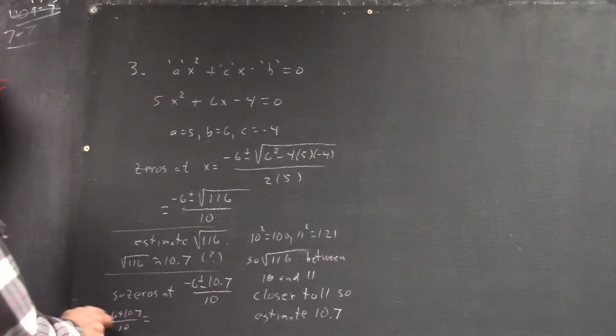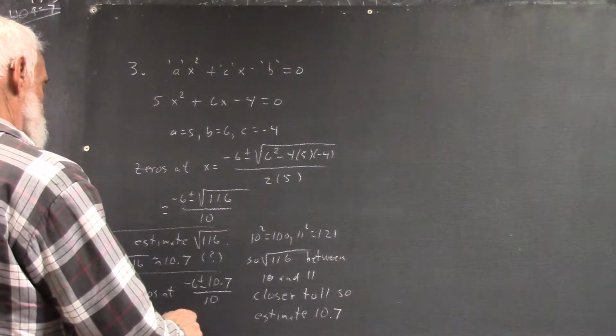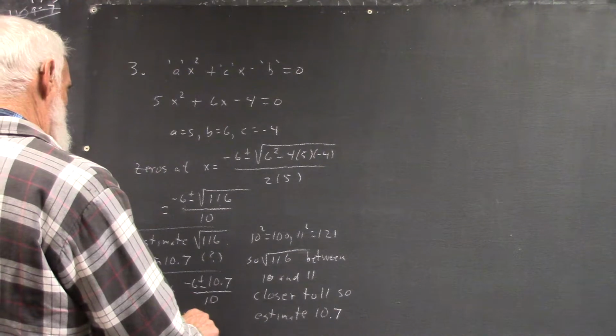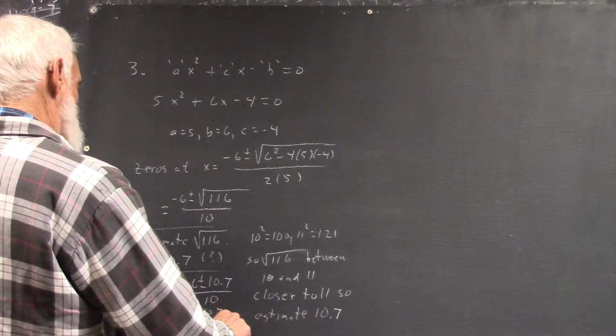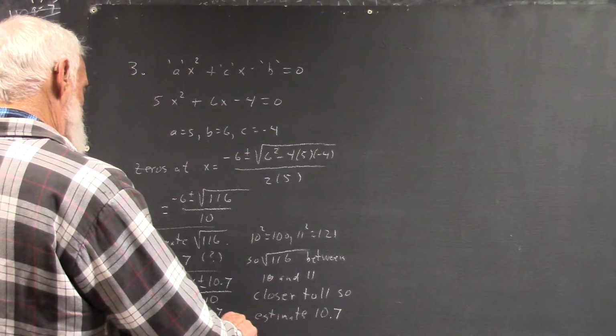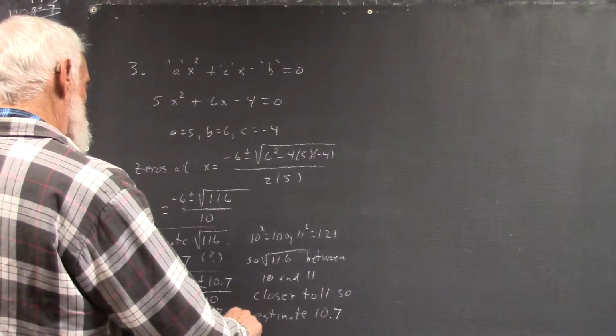Well, that's 16.7 over 10. That'd give you 1.67. What am I doing? This is negative 1.67.